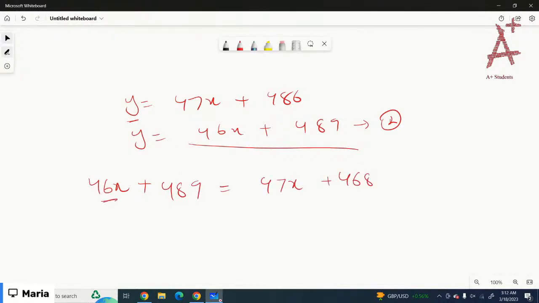So move this 46x to the other side. It would be 489 minus 486 and 47x minus 46x.